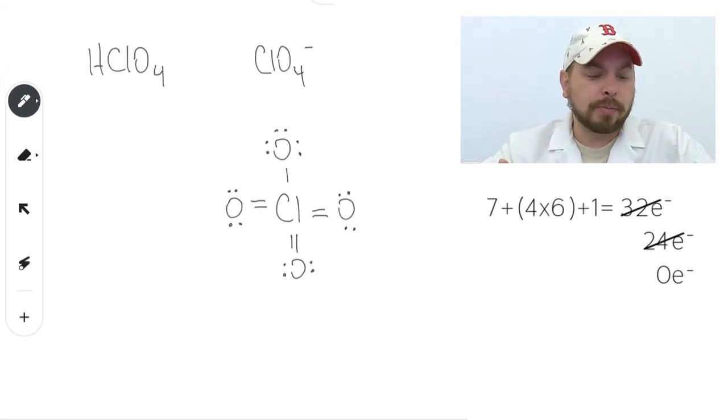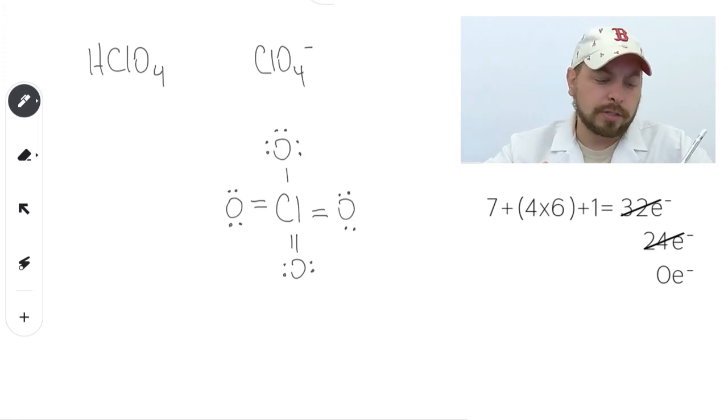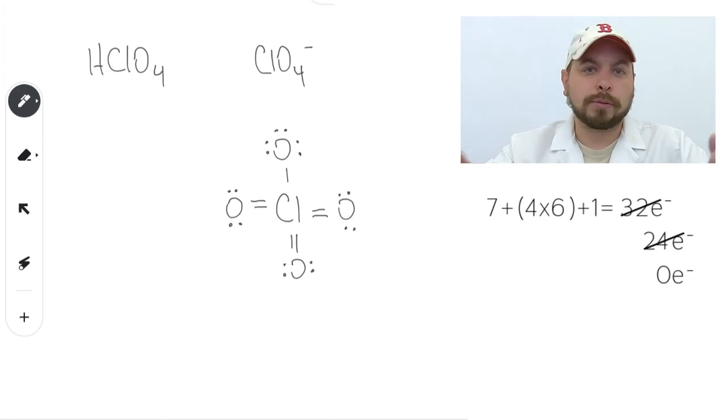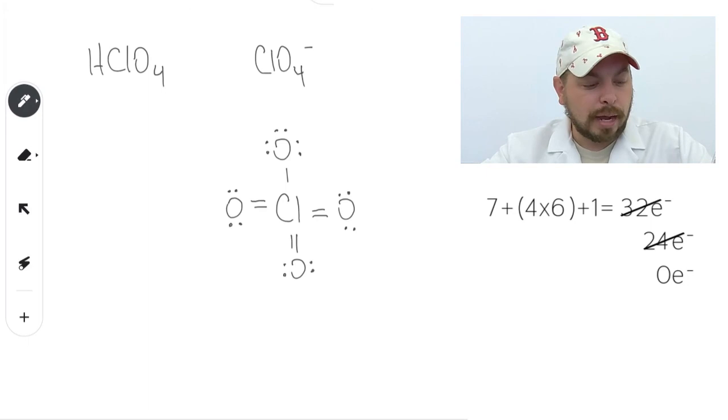I'm not going to do that, though, because remember, we're not just dealing with perchlorate. We're dealing with perchloric acid. So if I look at this, I need to figure out where that hydrogen is going to go. Well, if you look, each oxygen that's double bonded can't bond again, not for formal charge purposes. If you do 1 more bond with each oxygen, that's going to disrupt that formal charge of 0. But remember, one of the oxygens had a formal charge of -1, the top one here.